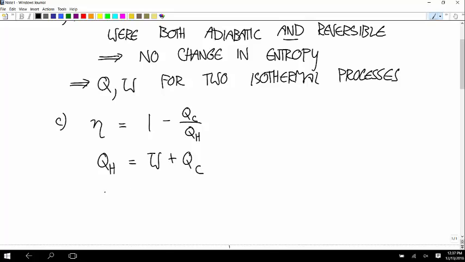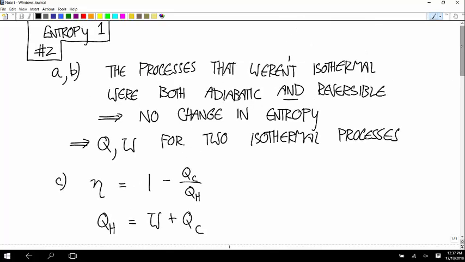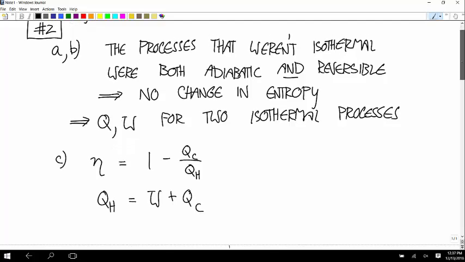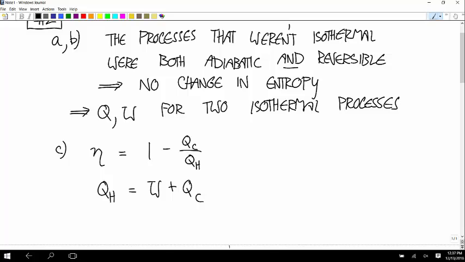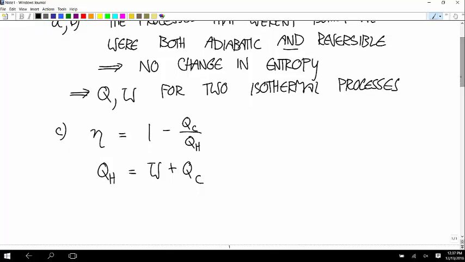And so with this, we can get QC for the two isothermal. So we have Q and W for the isothermal processes. Oh, we're given the temperatures, but well, it is reversible, yeah. So you could just use the temperatures of those two reservoirs. Yeah, right.